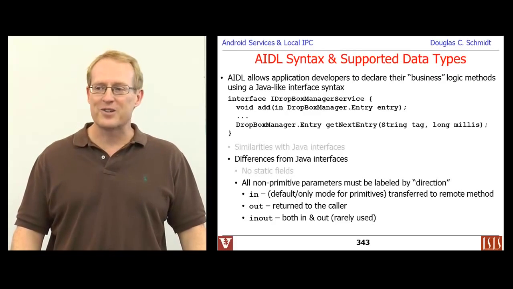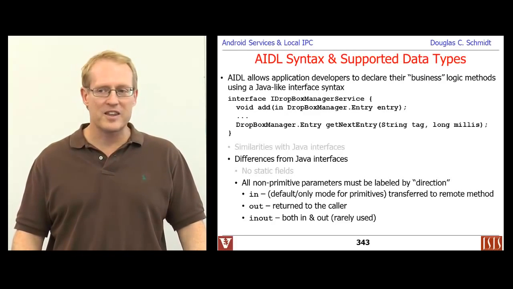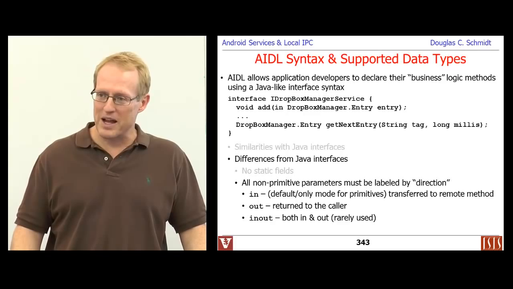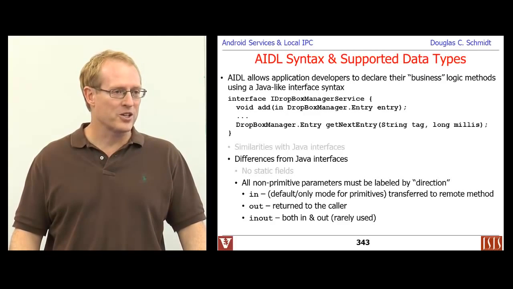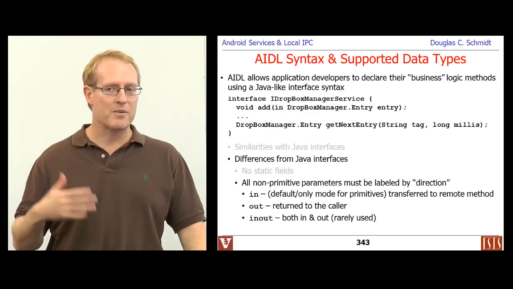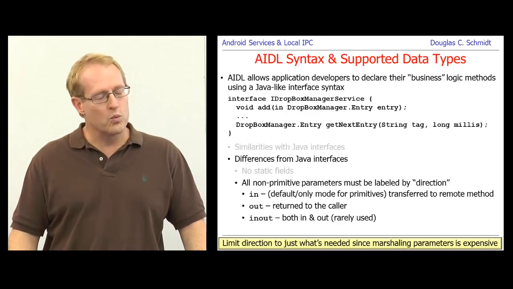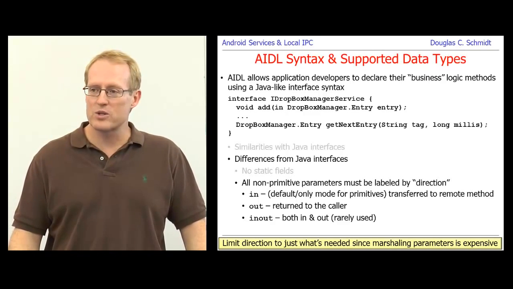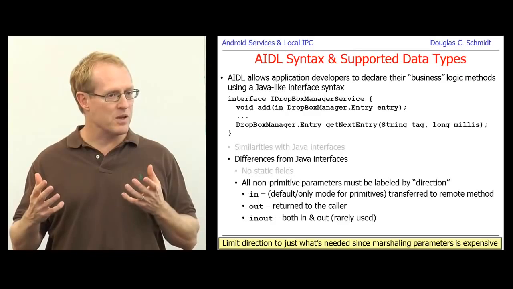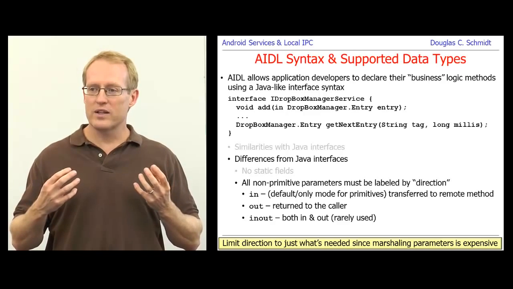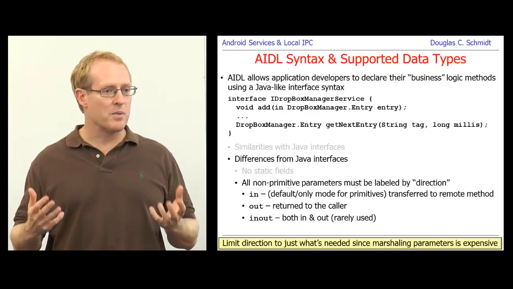I looked through all of Android and I could find no examples of where anything in Android used the in-out parameter passing mode in terms of direction. So it's not very common. Most common things are in. There's some things that use out. And it's important to remember to do this because when you start trying to pass data between address spaces, you want to limit the amount of data that's passed.